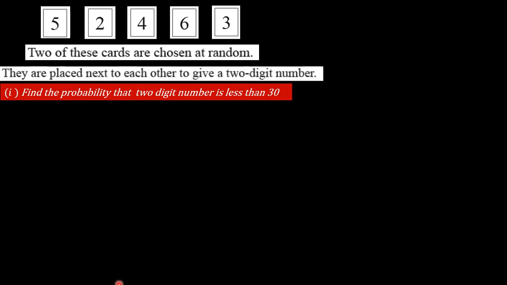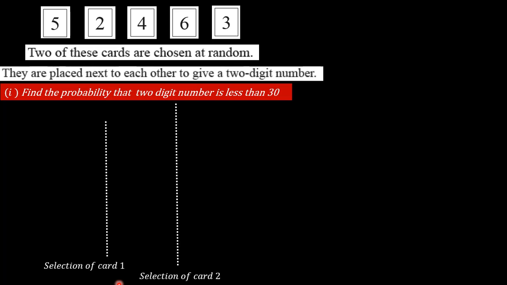In order to reach the solution, students, I encourage you to draw the 2 trials. Since we are picking the 2 numbers or the 2 cards at random, we must have 2 trials. Draw the vertical lines in which the first trial represents the selection of card 1 and the second represents the selection of card 2.